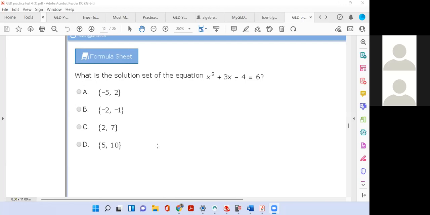Whatever method you would like, I want you to tell me the solution set for this quadratic equation. Send me your answer in the chat, A, B, C, or D.